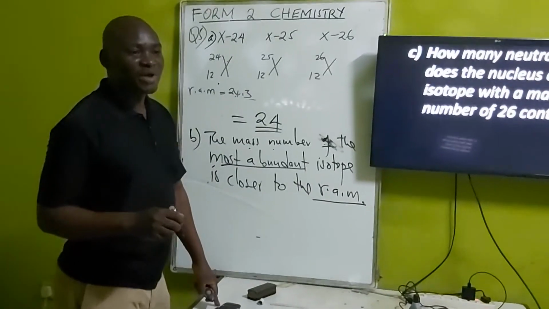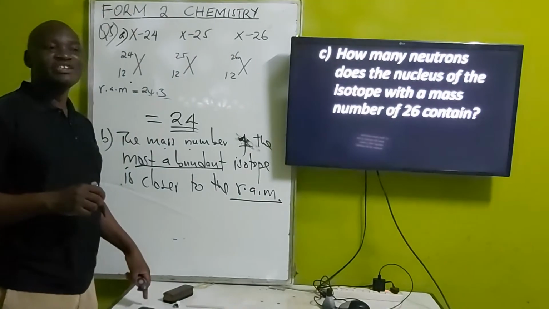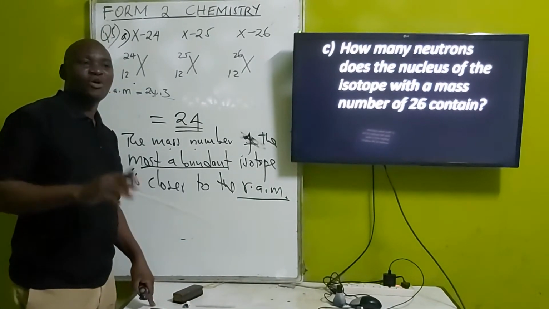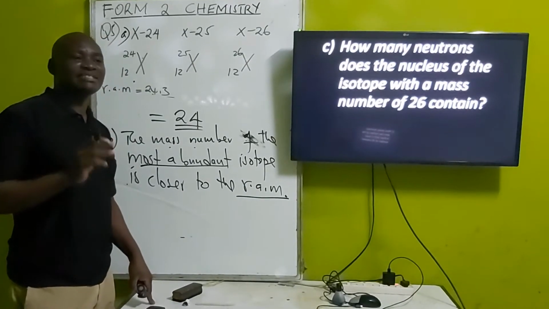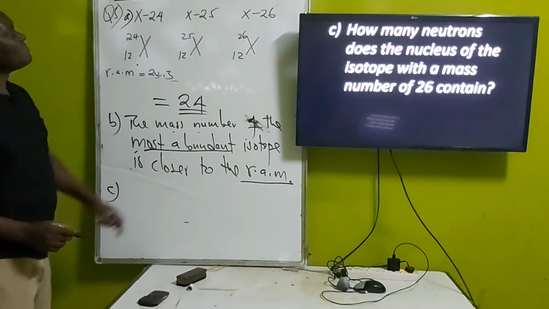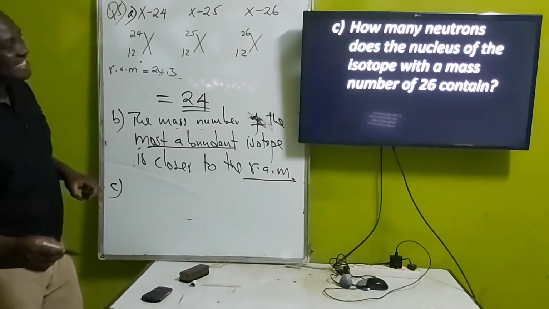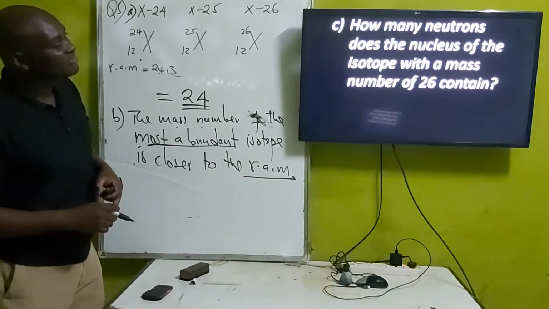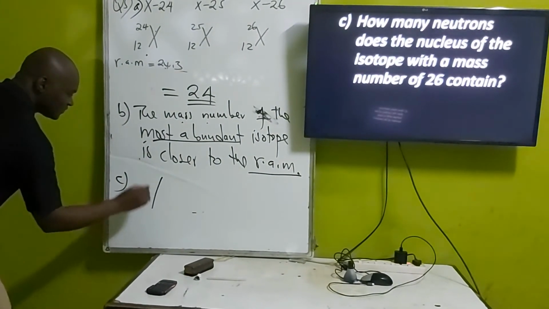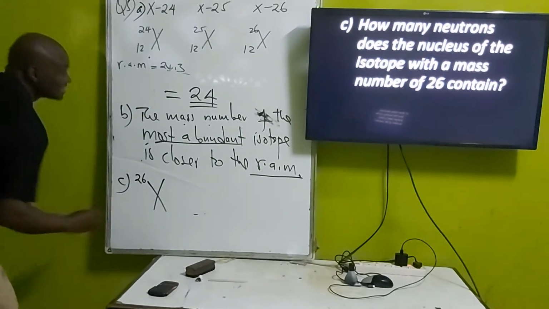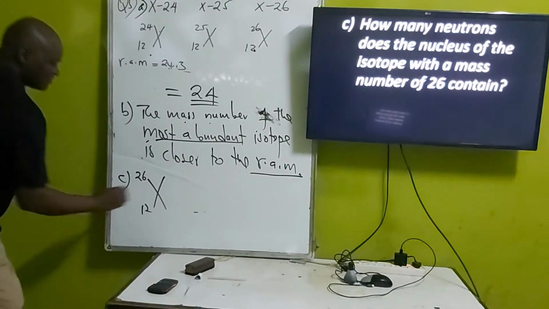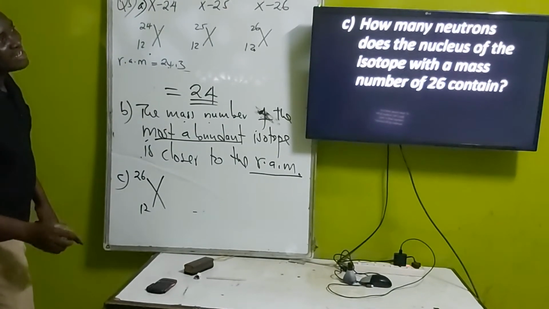Then the next question we have, how many neutrons does the nucleus of the isotope with a mass number of 26 contain? That is C. So we have this isotope with a mass number of 26, this one here, and atomic number of 12. So they want how many neutrons?